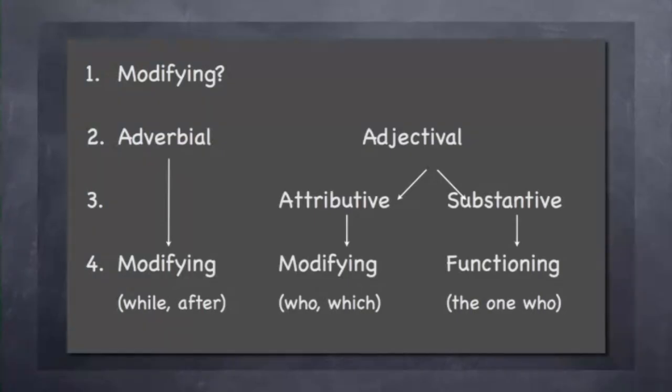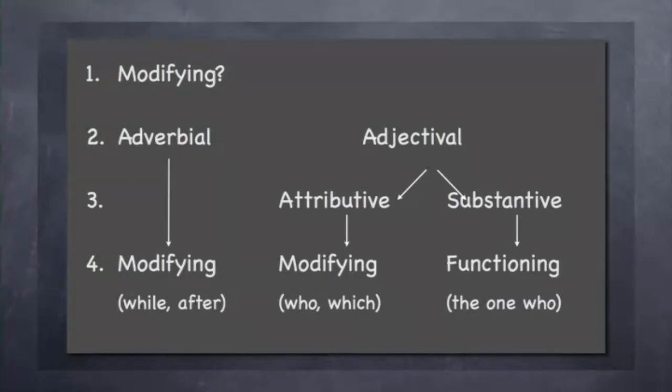If, however, I've looked at a participle and I've seen, now this is an adjectival participle, I have a decision I have to make, and that is, is it attributive or is it a substantive? Is it modifying another noun or is it standing on its own? Well, if it's an attributive participle, it means it's modifying something. And normally ing works okay well with these, but you may have to add in a who or a which to make sense.